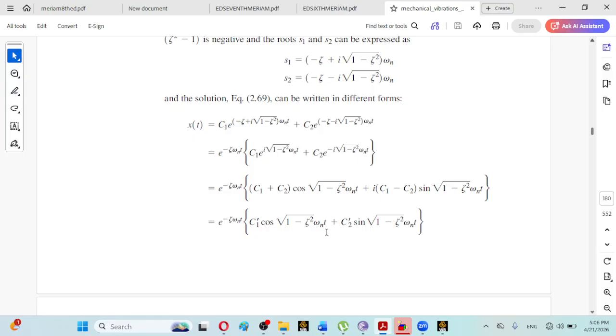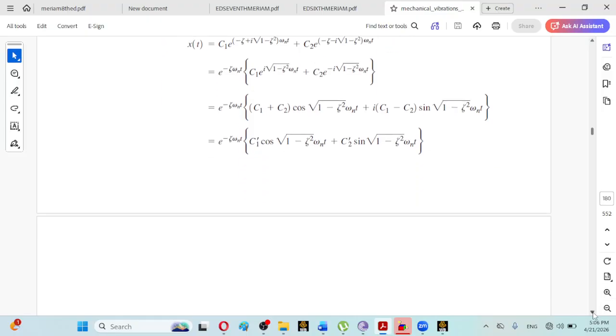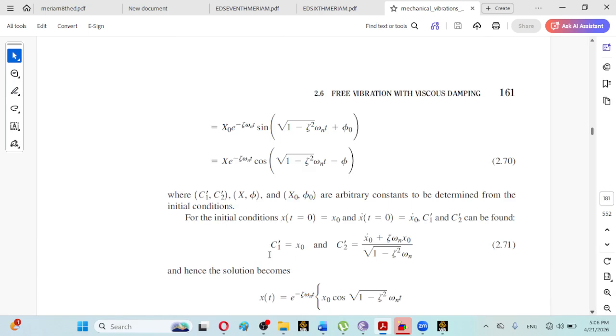And cos 0 is equal to 1, and sine 0 is equal to 0, so x naught will simply be equal to c1 dash. The same has been done here: c1 dash is equal to x naught.